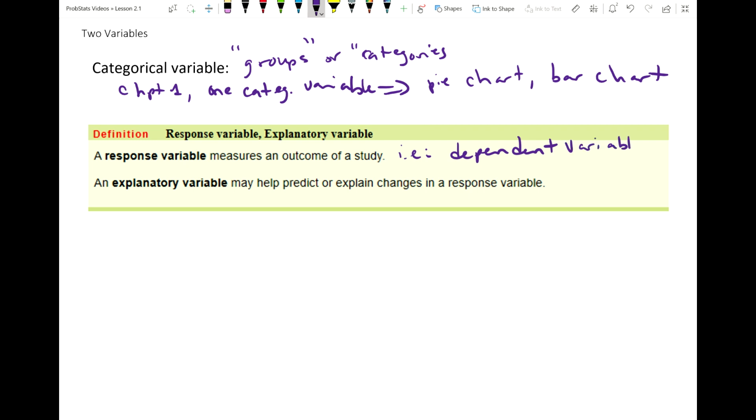It is the outcome that is measured. And then the explanatory variable is the one that is kind of manipulated, or is the one that explains the changes in the response variable. You can kind of liken this to the independent variable, just to give you a rough idea of what those two mean.